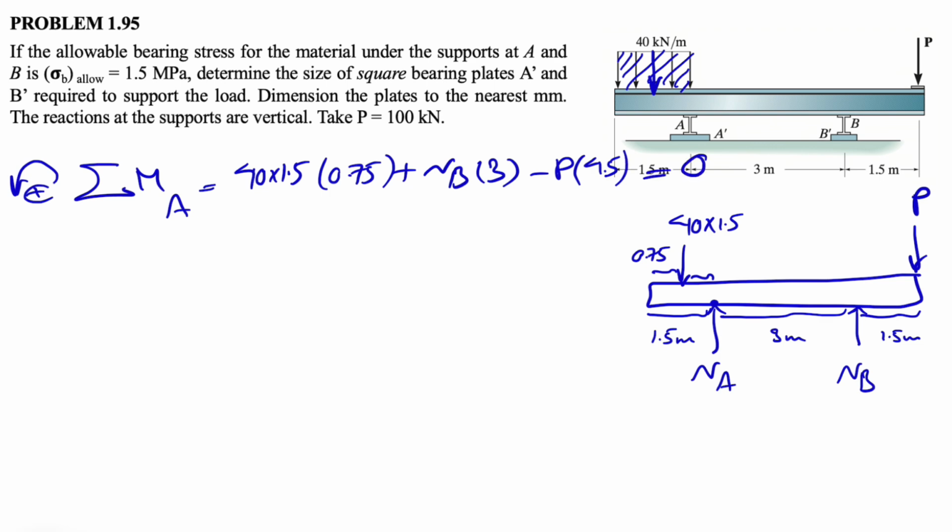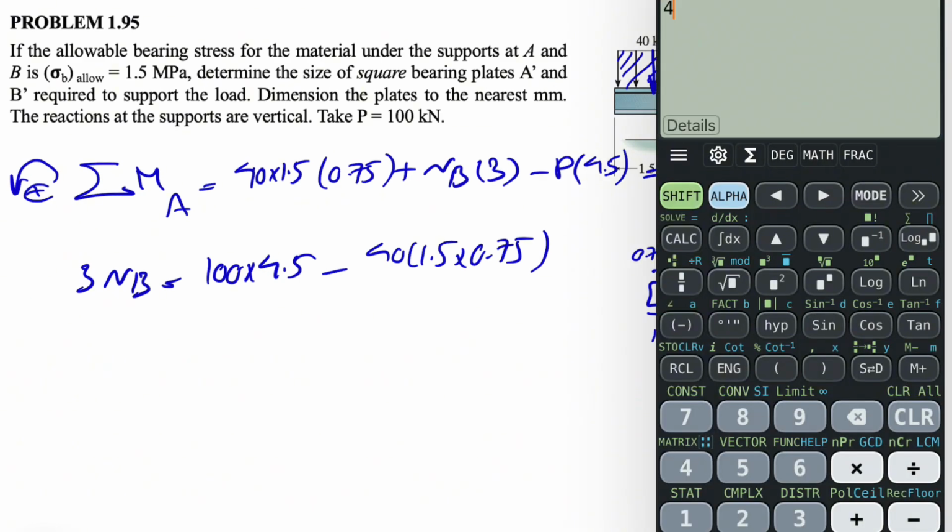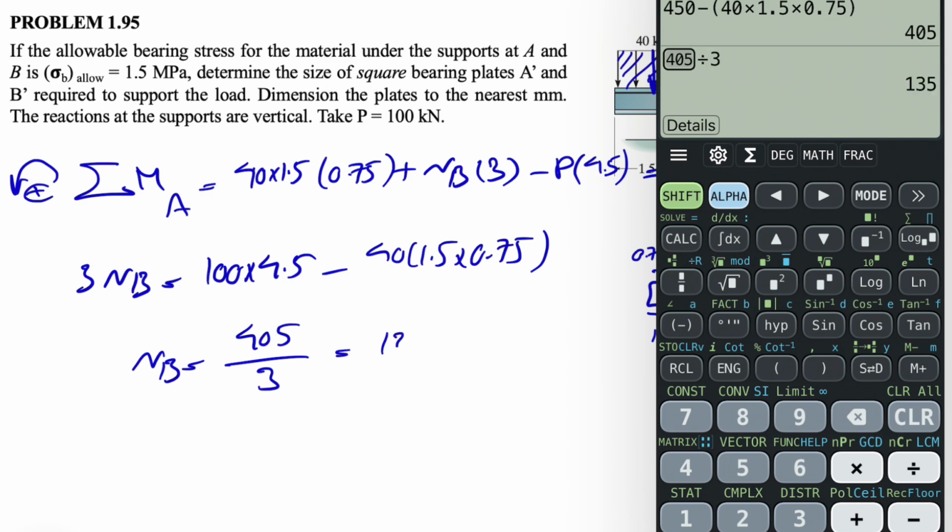Again, we are in equilibrium, so 3NB would be basically 100 times 4.5 minus 40 times 1.5 times 0.75. So we have 450 minus 40 times 1.5 times 0.75, that's going to be 405. So NB would be 405 divided by 3, which is going to be 135 kilonewton.